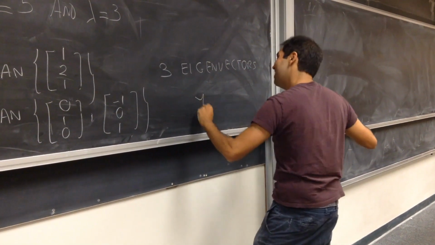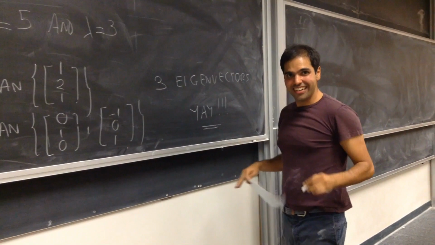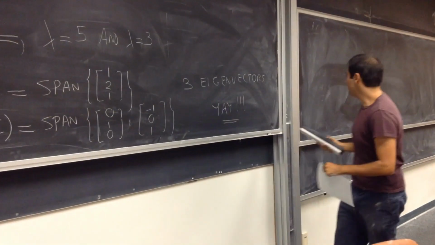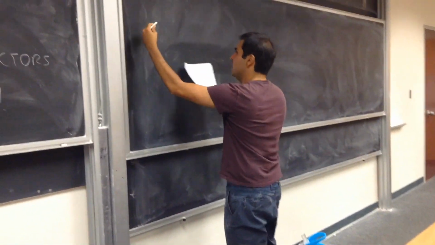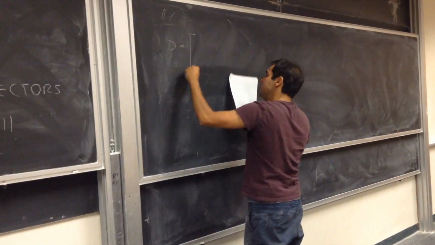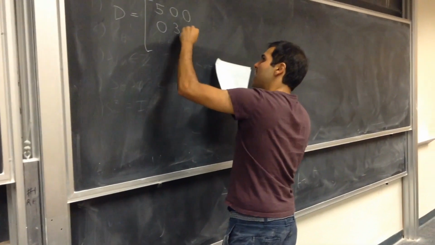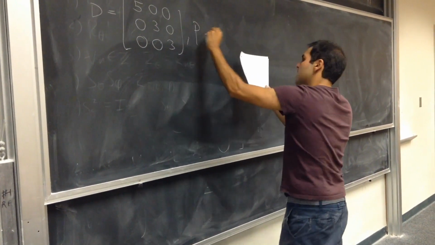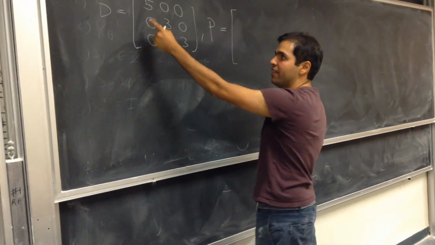Yay! That's where fireworks should come into your mind, because this is really the best possible scenario. Why? Because you can just put your matrix in diagonal form. Namely, let D be the matrix of eigenvalues, so 5, 0, 0, 0, 3, 0, 0, 0, 3, and P be the matrix of corresponding eigenvectors.